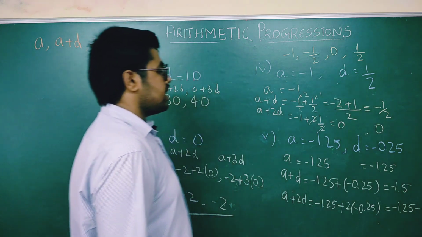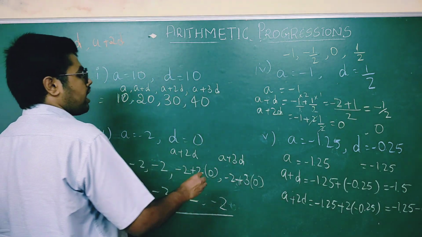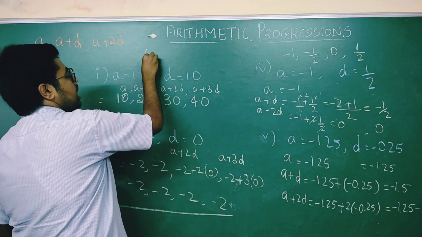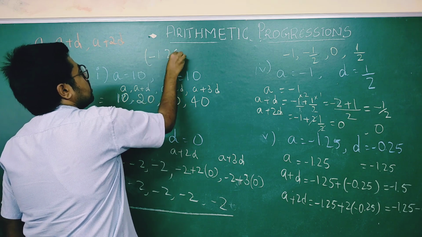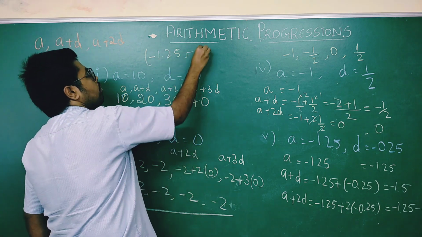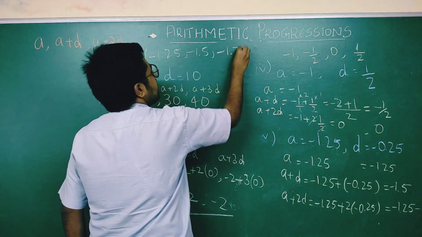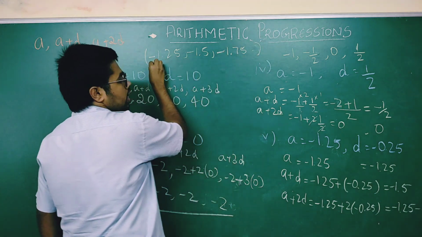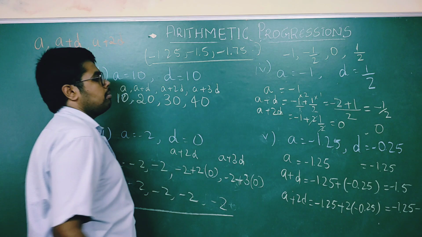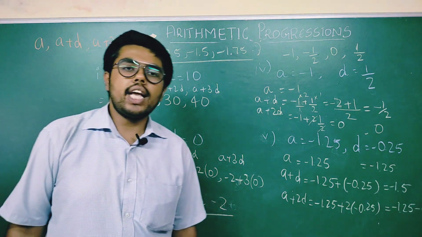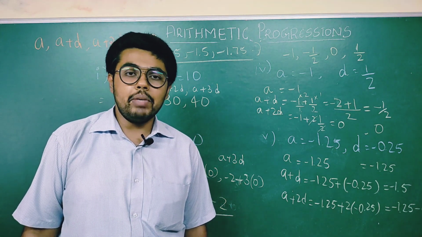So our series is, I can write the series here: minus 1.25, minus 1.5, minus 1.75 and so on. So this thing you have to remember. This is how, given A and D, I can make a series of any number.